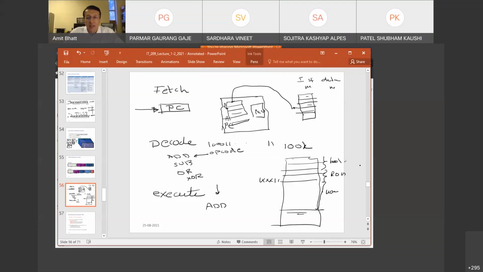Fine. Then it would read 2 source operands, and the sources will come from R1, it will decode it, and then come from R2. So it will instruct the register file that 2 data will have to come from R1 and R2. I think I have drawn this slightly wrong.